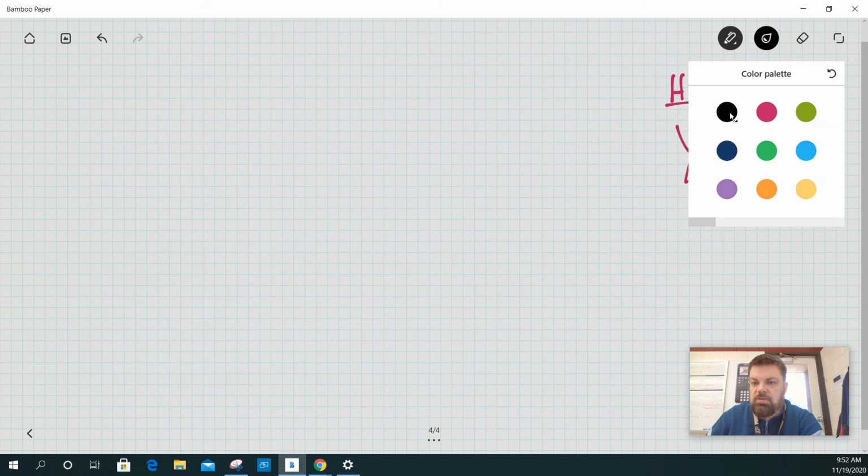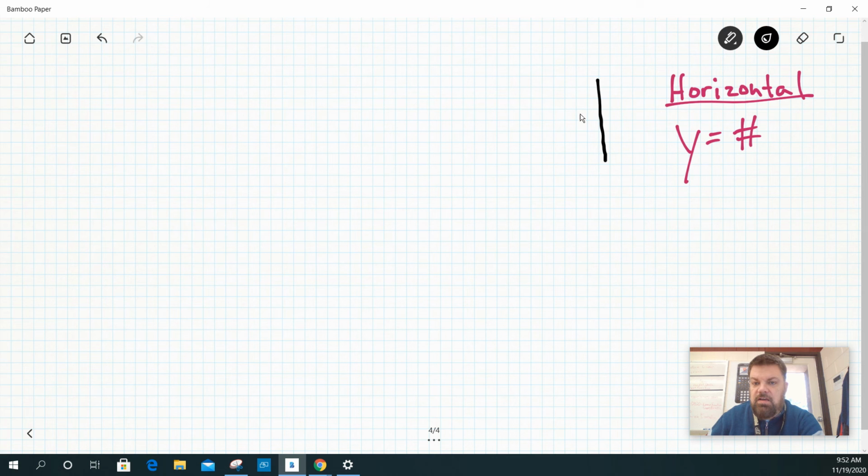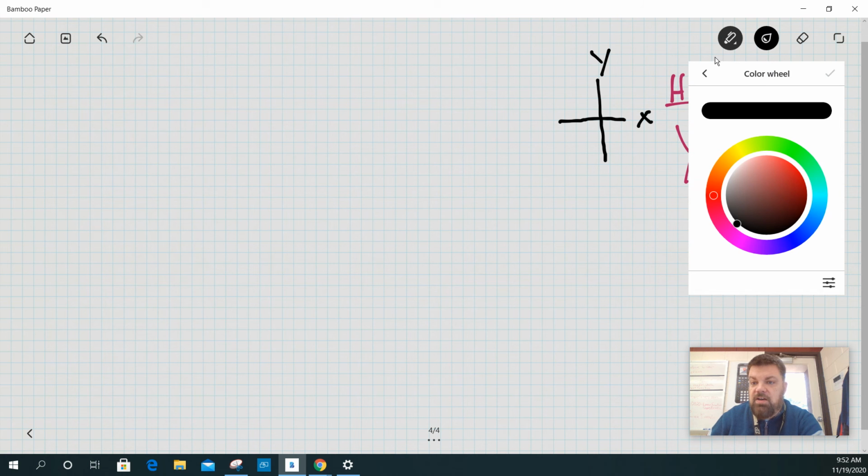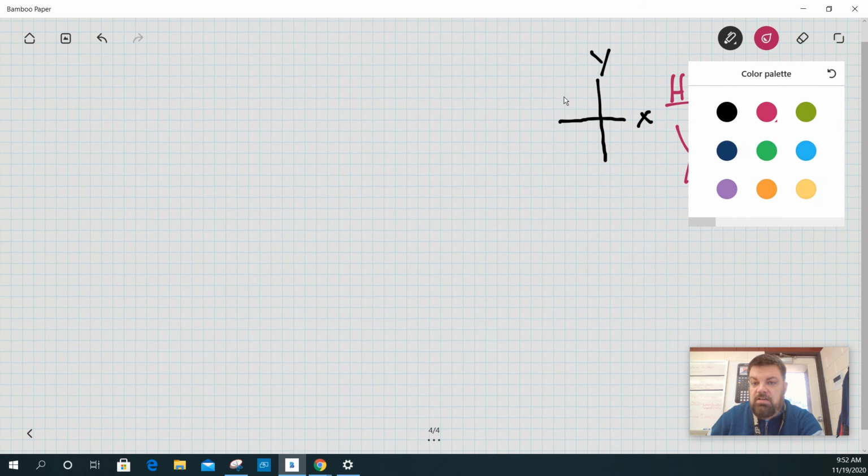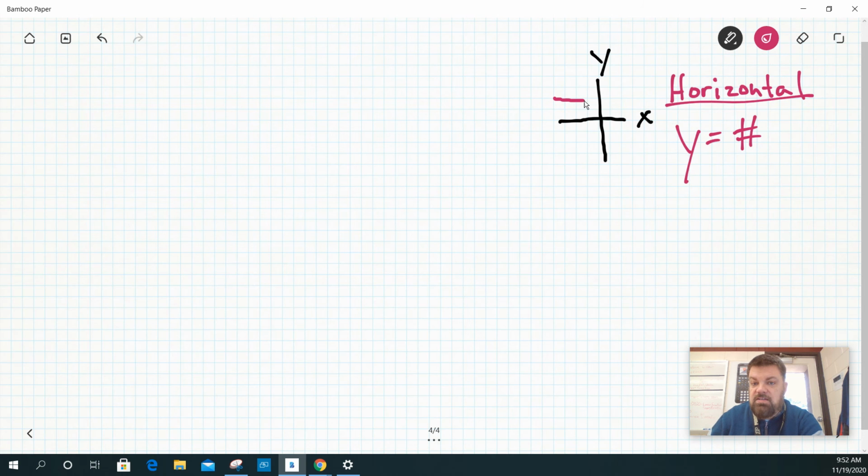Well, if I think of the xy plane where this is x and this is y, whatever that number is, like let's say that this is at 2, so that would be y equals 2, because I'm going to go up 1, 2 spaces, and that's a horizontal line.